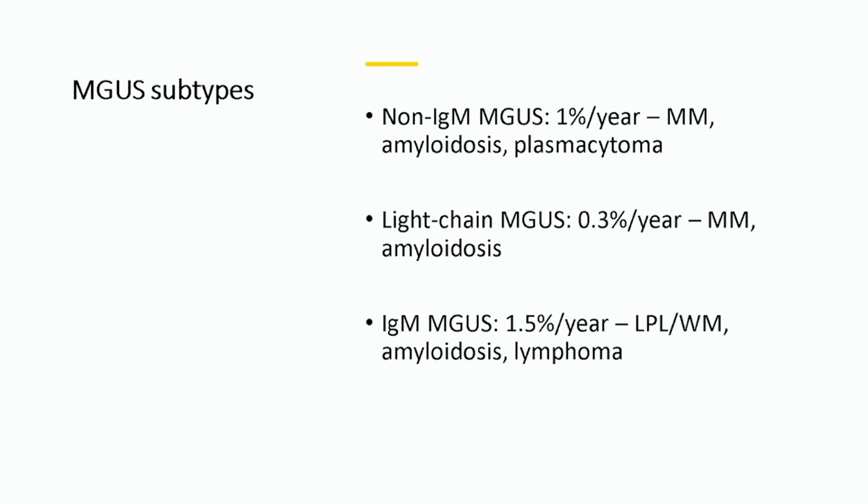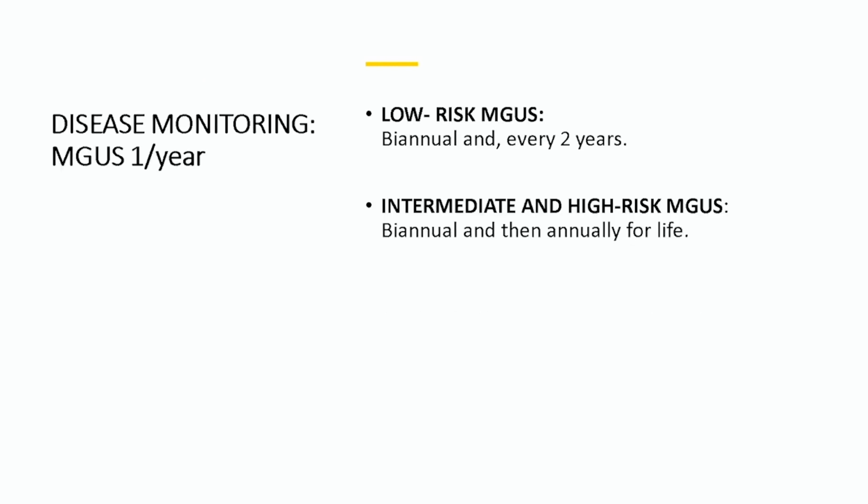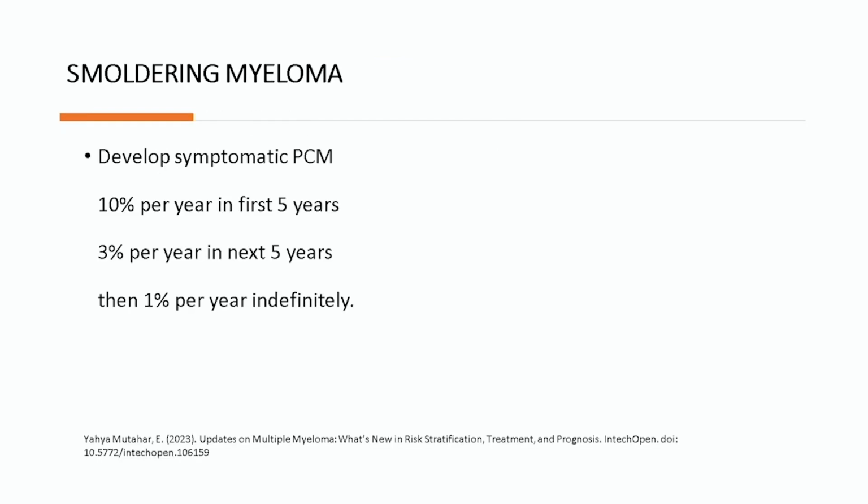Light chain MGUS has a lower risk of 0.3%, and IgM MGUS, which is associated with lymphoplasmacytic lymphoma and Waldenström macroglobulinemia, has the highest risk of 1.5%. So accordingly, disease monitoring for those patients is based on the risk stratification and their type. They usually have different follow-up plans, either biannual, every 2 years, or once a year, basically, for high risk.